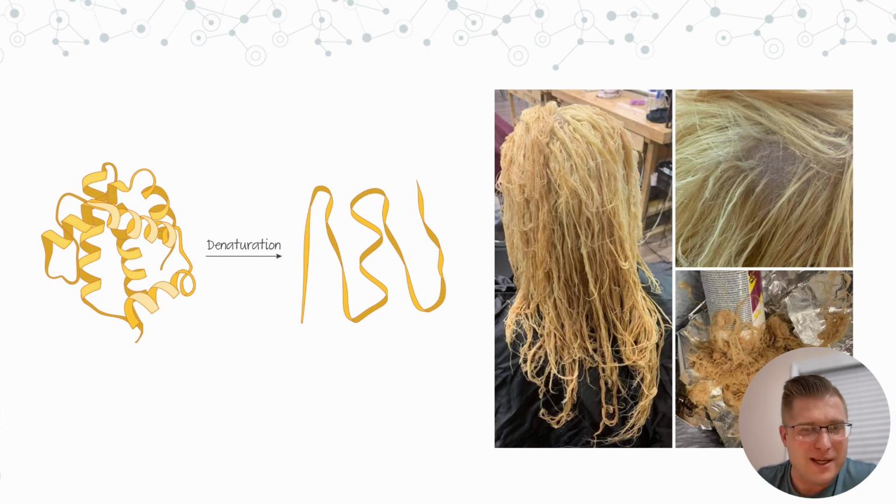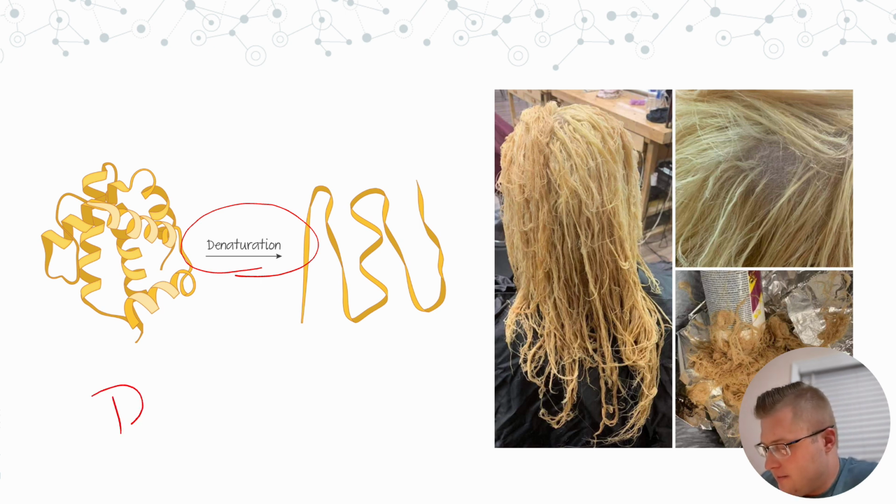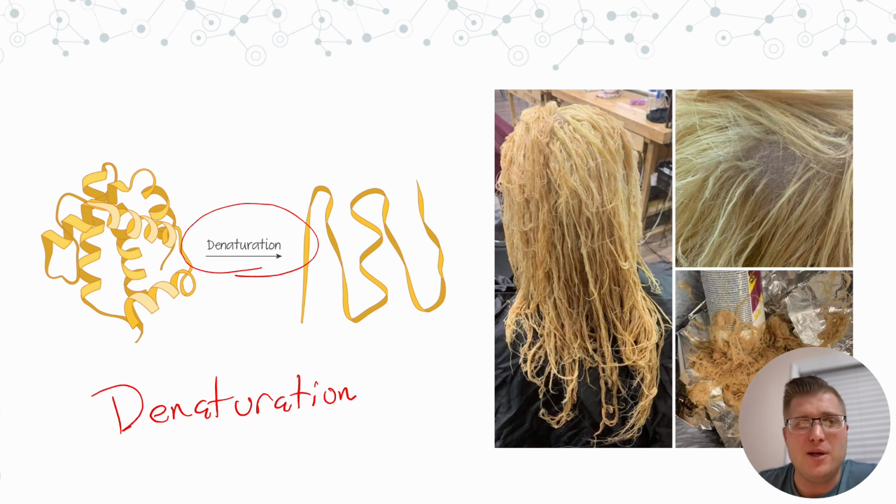If a protein gets out of shape, or in this case, a specialized one like an enzyme, we call that denaturation. Denaturation is just a fancy word for we lost our shape.